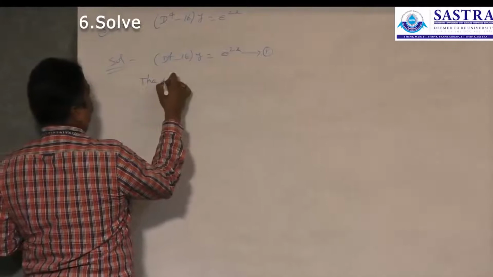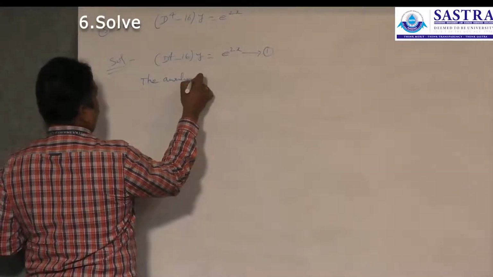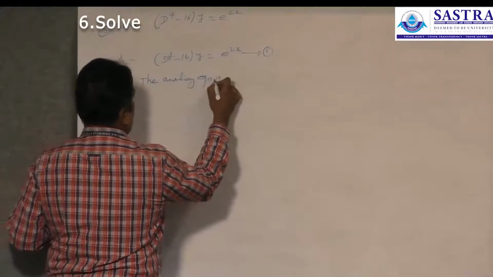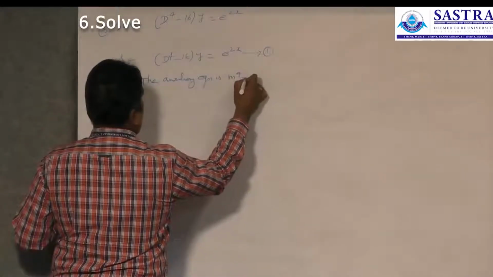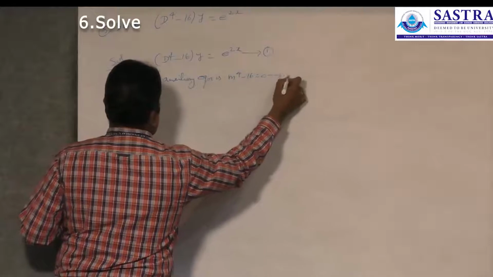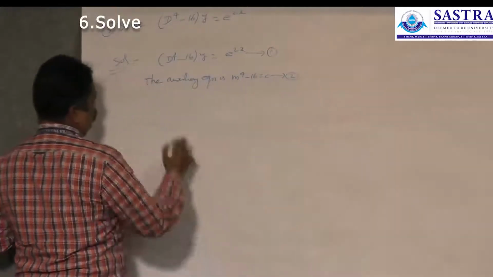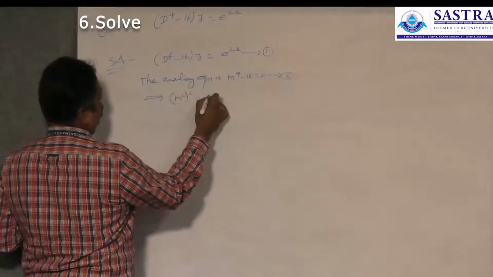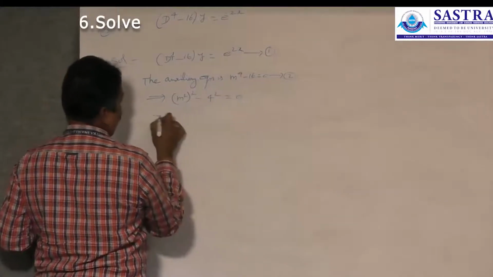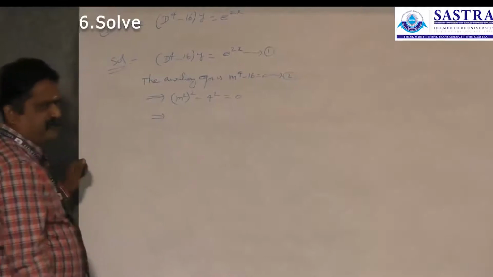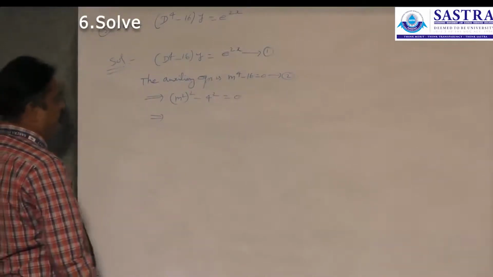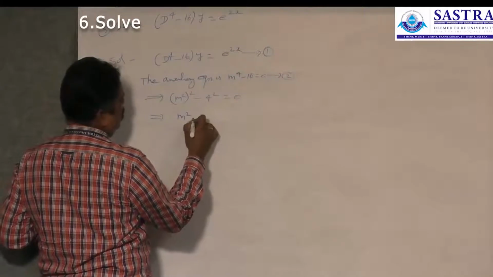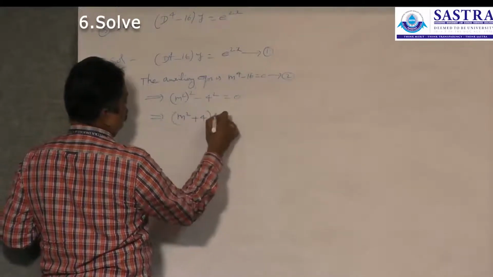The auxiliary equation is m to the power 4 minus 16 is equal to 0, which can be written as (m square) whole square minus 4 square is equal to 0. It is of the form a square minus b square. We know that a square minus b square is (a plus b) into (a minus b): (m square plus 4) into (m square minus 4).